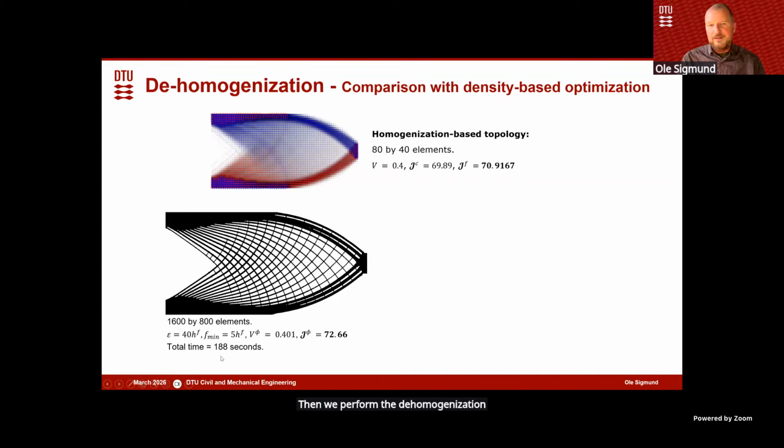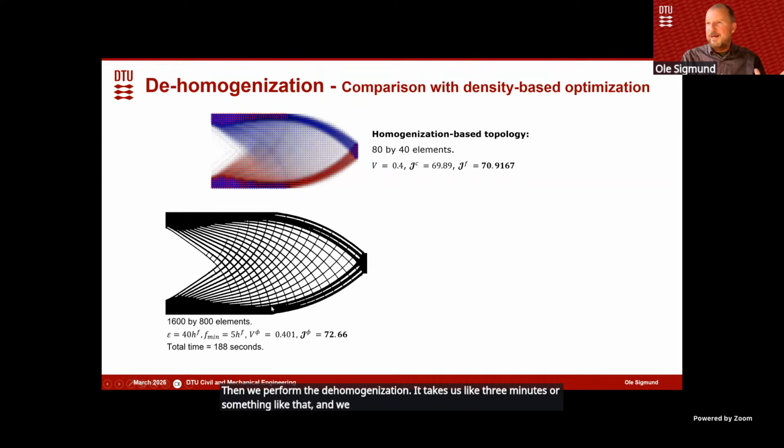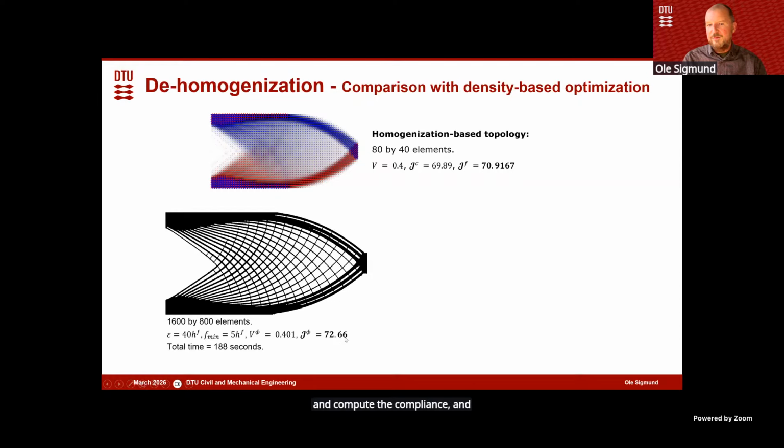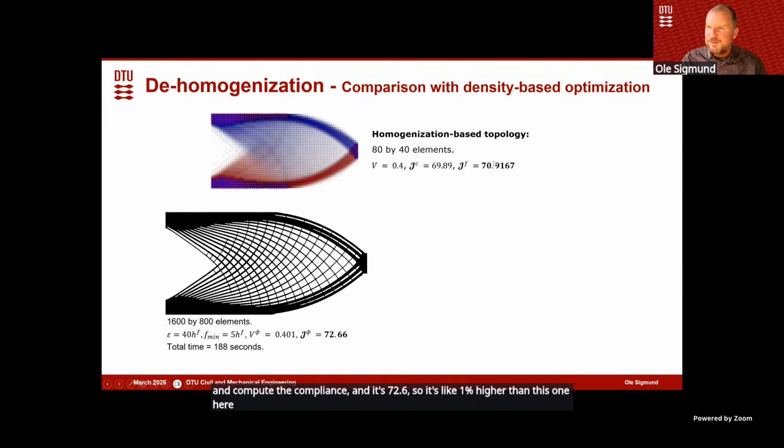It takes us about 3 minutes. We project it to a very fine grid and compute the compliance, and it's 72.6, so it's about 1% higher than this one here. So we lose a little bit, but it's surprisingly little, so it's very efficient.